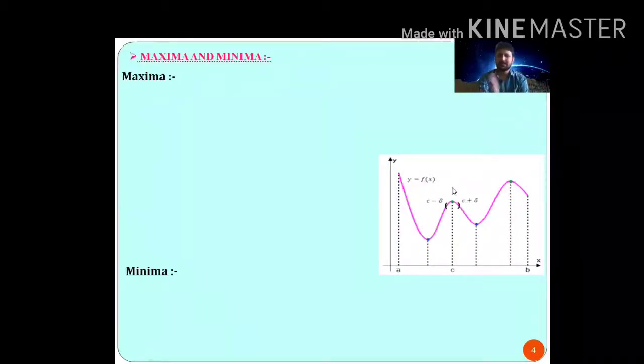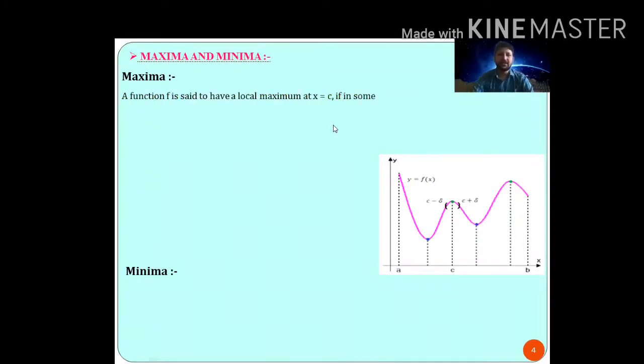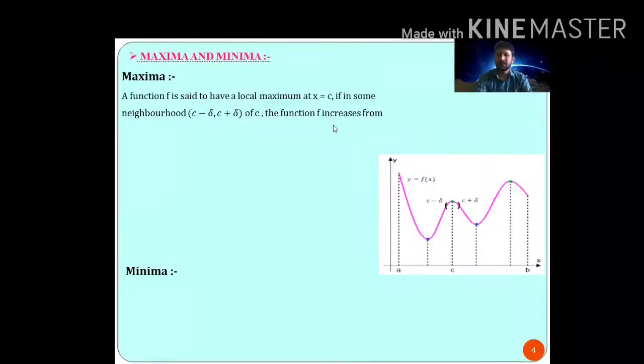Let us see the first definition of maxima. Function f is said to have a local maximum at x is equal to c, if in some neighborhood c minus delta to c plus delta of c. Let us observe in the figure for point C, the neighborhood taken as a delta neighborhood: left hand side c minus delta, right hand side c plus delta.